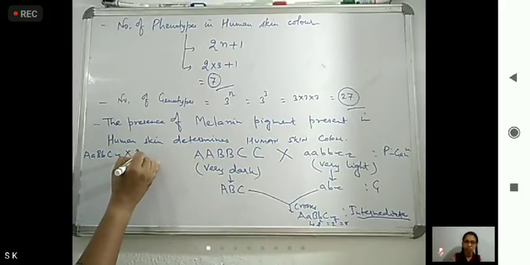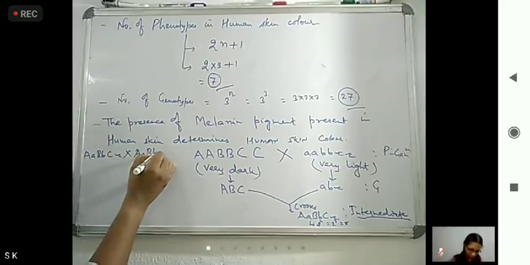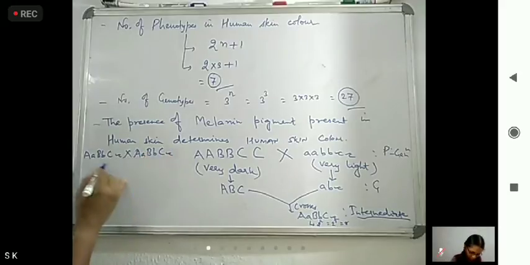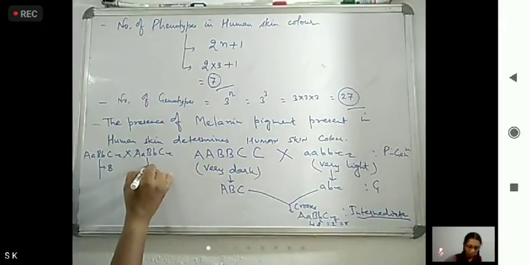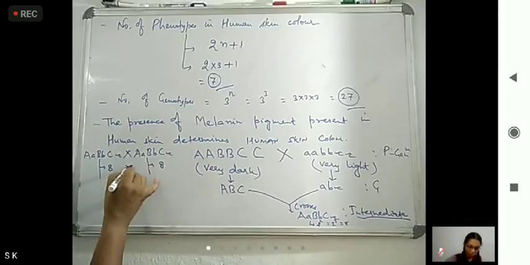Again cross with capital A, capital B. So here how many gametes will come? 8. And on this side also, how many gametes will come? 8. So 8 into 8.